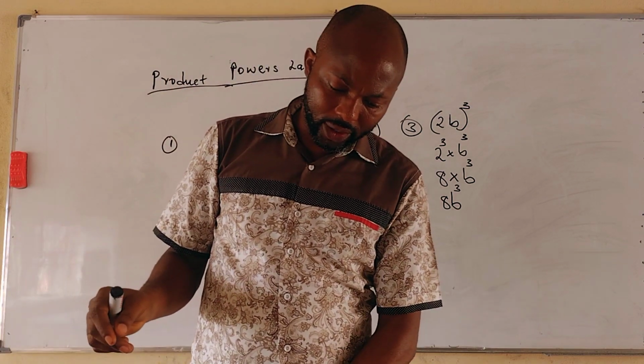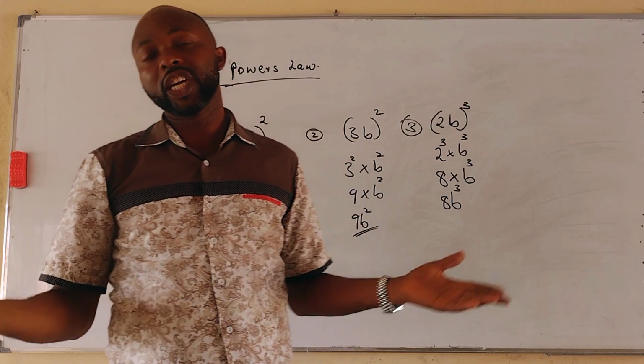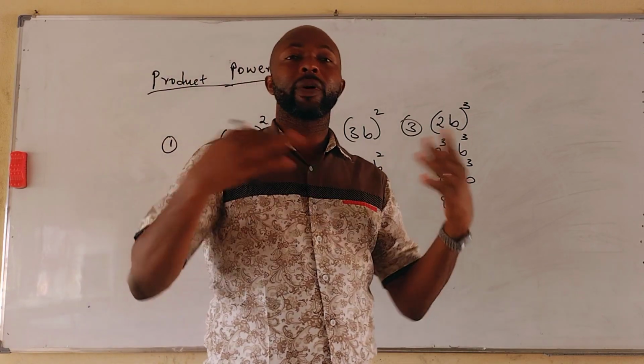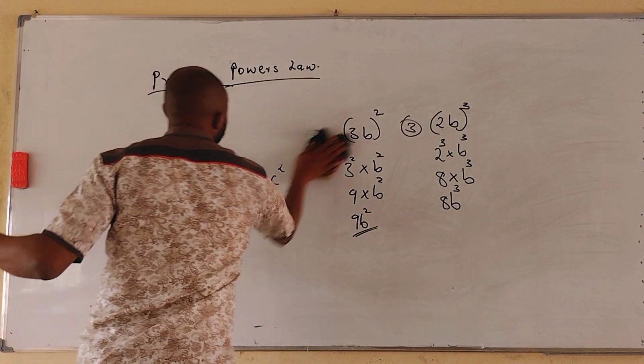Let's look at the zero index law. The zero index law says that any number raised to the power 0 is 1.